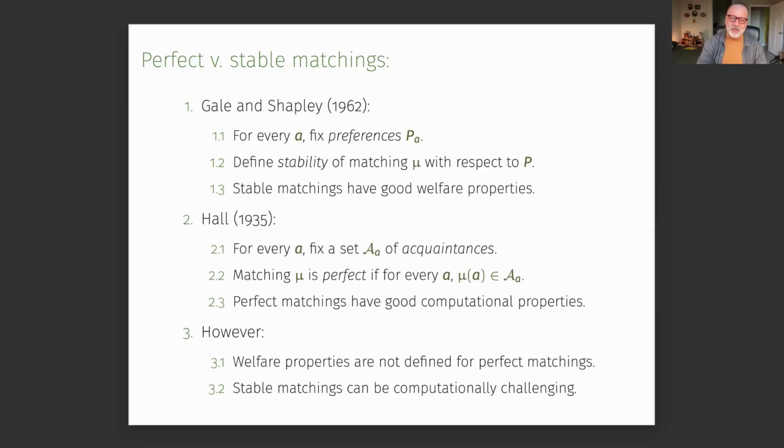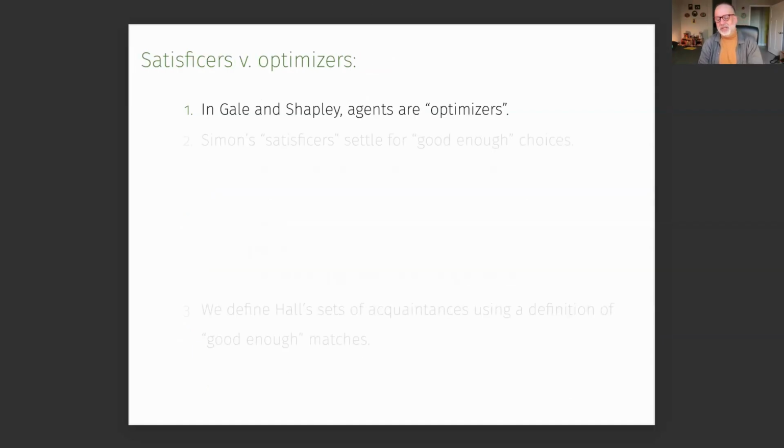So let's go to the main point. In order to have a new solution concept for stable matching theory, we think about what behavioral economists would find most natural. We know that in Gale and Shapley, people go after the best person that they can convince to match with them.